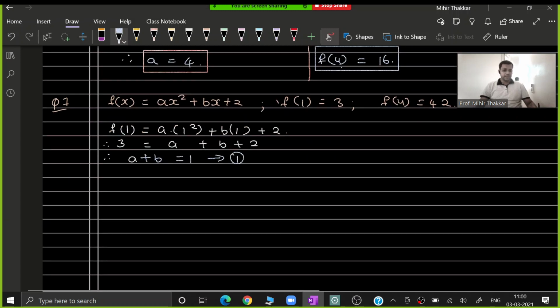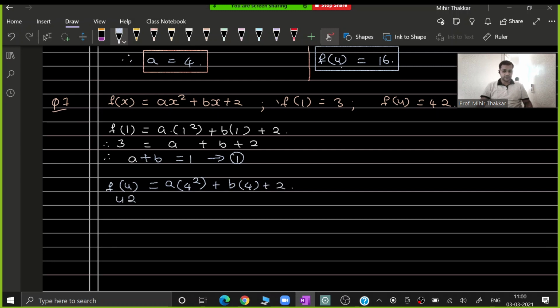In the same way, I will now use f of 4, a into 4 square plus b into 4 plus 2. f of 4 has been given as 42. So 16a plus 4b plus 2.